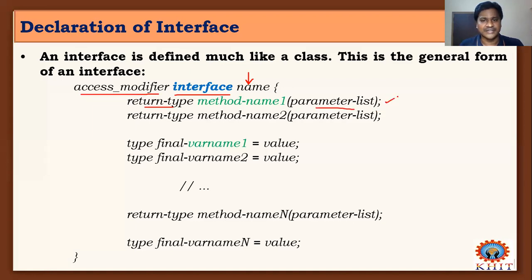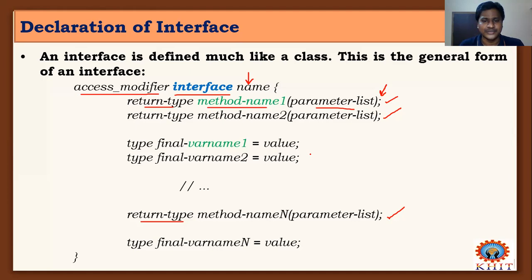So method name 1, method name 2, and you can define n number of methods with return type. If you observe this method declaration inside the interface, the method definition ends with a semicolon. It means the implementation part of this method is not defined here in the interface. Whichever classes implement this interface will implement the method defined in the interface on their own.